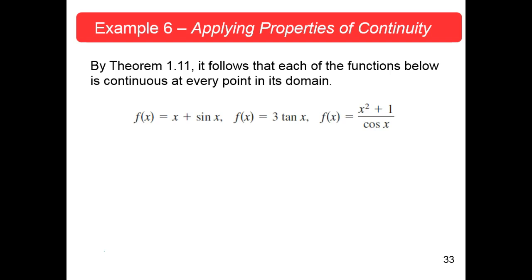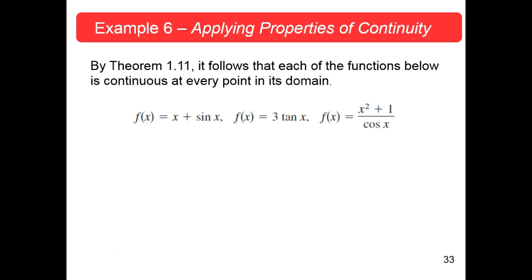So, here is example 6, on the bottom part of page 79. By theorem 111, as we just did, it follows that each of the functions below is continuous at every point in its domain. Wait a minute. Where was x plus sine x in that list? Well, what is x?